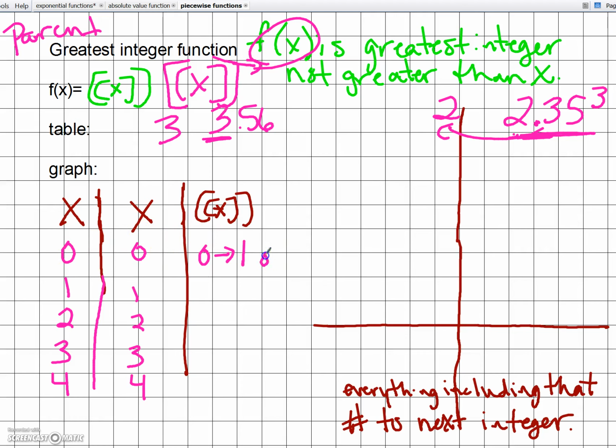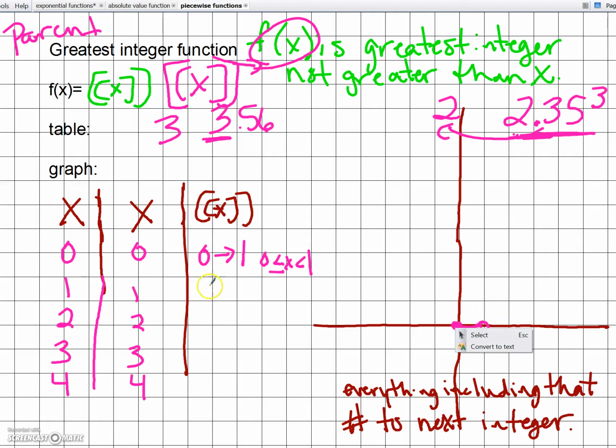So it's like 0 is less than or equal to x less than 1. So when we go to graph that at 0, this 0 is included. So anything from 0 to 1 falls in that category. So like if you had 0.5, it would be 0. If you had 0.75, it would be 0.